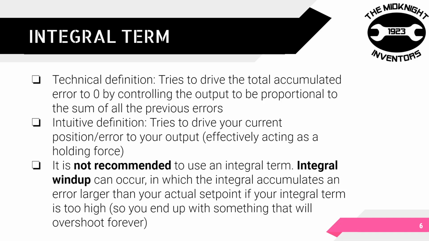We usually don't do integral terms when we do PID because there's something called integral windup. Basically, if your I term is too high, then you might end up with something that overshoots forever. Integral terms are usually really, really, really small, but most PID loops that we use are totally fine with just P and D terms. We usually add I as a very last resort type thing.